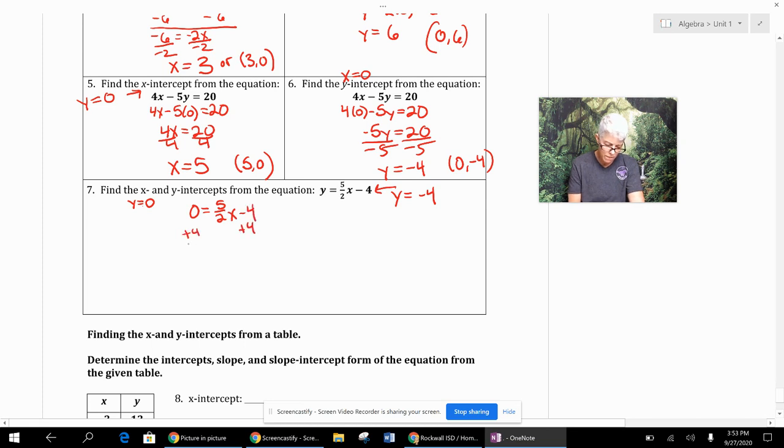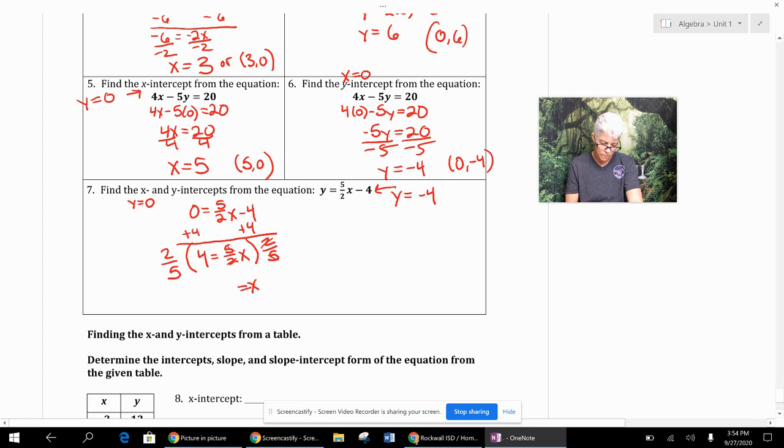Now again, I could have cleared the fraction first. I mean, obviously that is a choice. I could now multiply both sides by 2 and then divide both sides by 5. Or, to clear that fraction, you can flip the entire fraction. Again, this is just another way. That clears the 2's and the 5's.